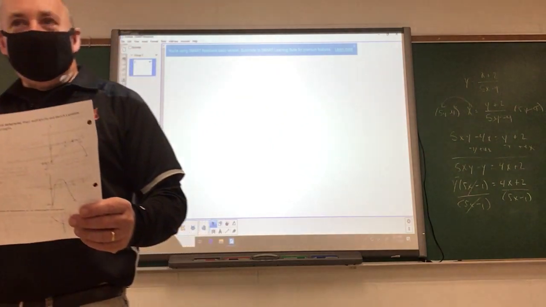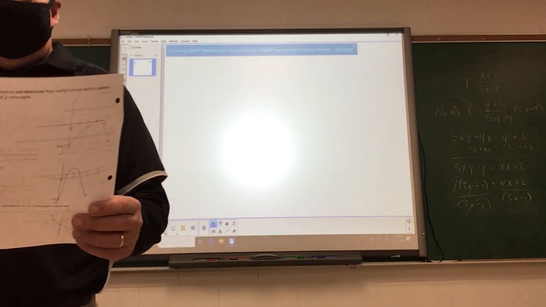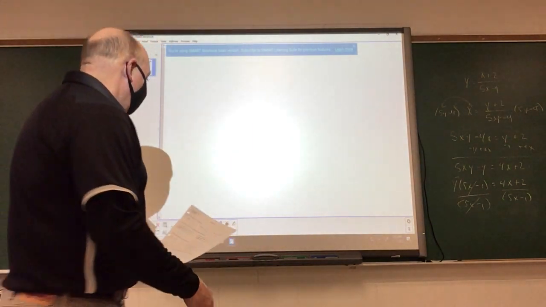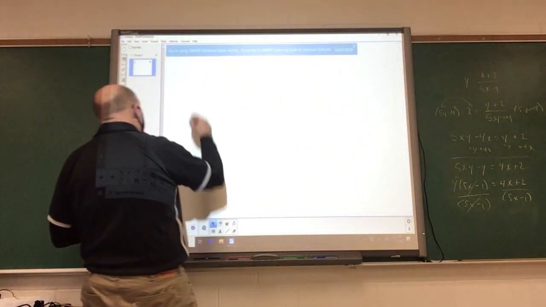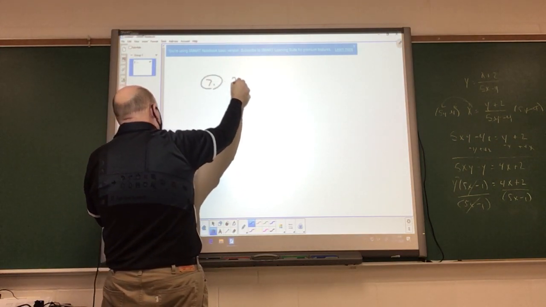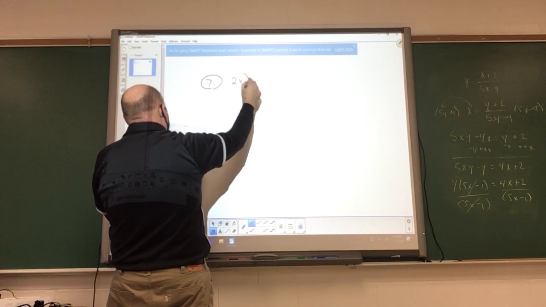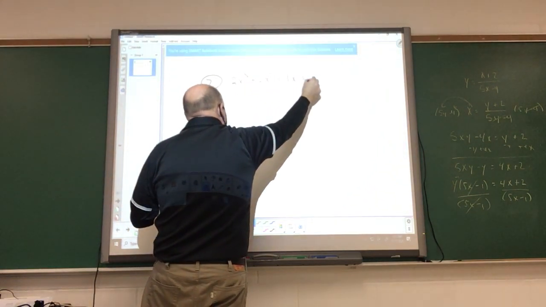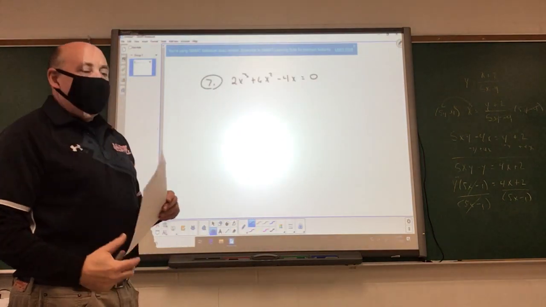Okay. I factored out the 2x. I left the 4 in there, then factored it down. So if we take a look at number 7, we have 2x cubed plus 6x squared minus 4x. We're trying to see what makes that equal to 0.